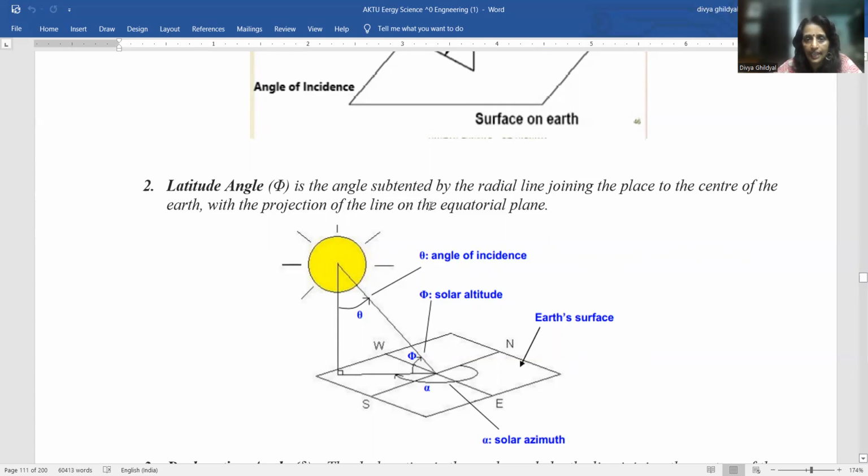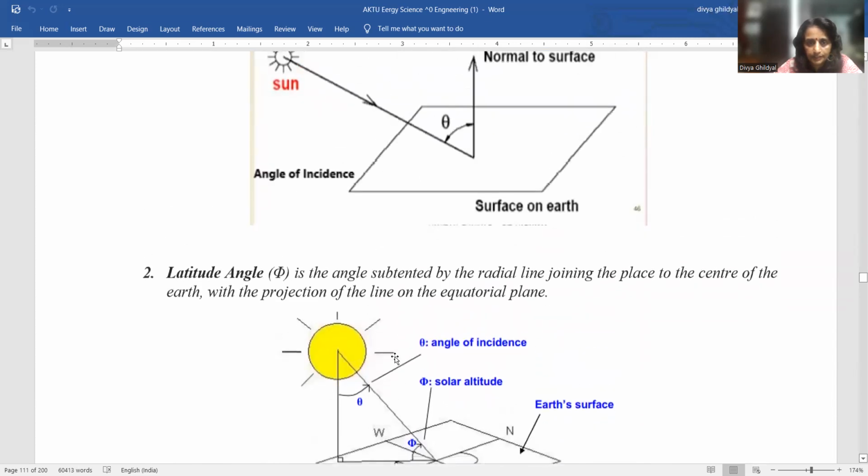It is the angle subtended by the radial line joining the place to the center of the earth with the projection of the line on the equatorial plane. This is my sunlight. See here, it is getting incident, angle of incidence I have already told you. The solar altitude, the solar azimuthal angle, and this is the latitude angle here.